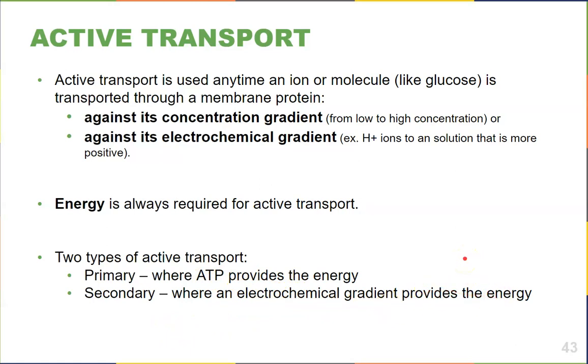Now, I do want to say one thing before I move on, that active transport usually has to occur all the time, just because normal transport, passive transport, is occurring against active transport. So remember, diffusion is going to occur on its own over time, and the only way to combat that is that active transport acts in the opposite direction.